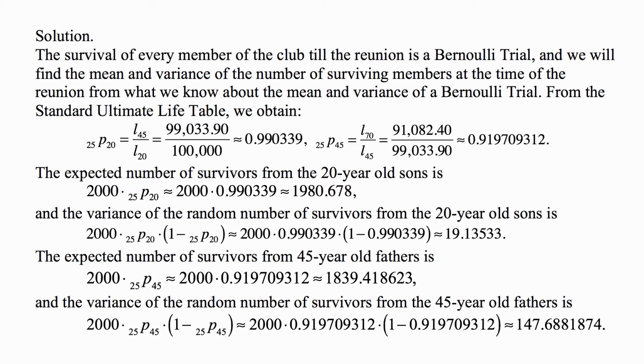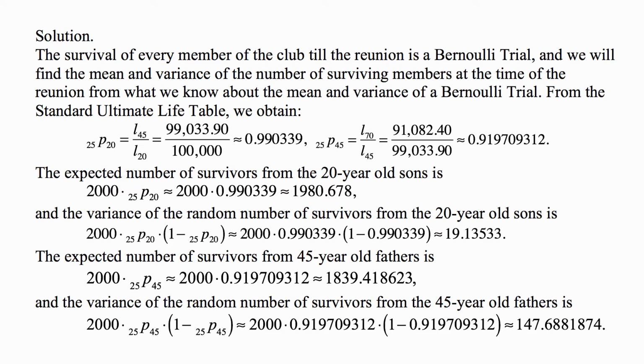And we will find the mean and variance of the number of surviving members at the time of the reunion from what we know about the mean and variance of a Bernoulli trial. It's different for sons and fathers, and anyway, we'll go over it. But we just need to note that this is a Bernoulli trial for each person.